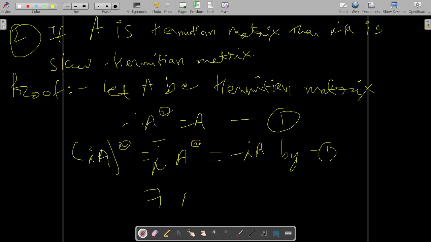That implies that your IA is skew Hermitian because conjugate of IA is minus IA. So IA is skew Hermitian matrix.